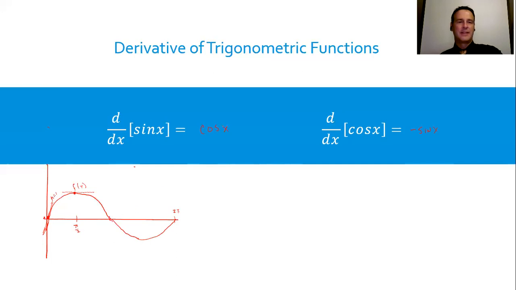At pi, if you were to draw the slope of a tangent line, something like that, it would actually be a -1. And if you were to do this at 3 pi over 2, it would be 0.